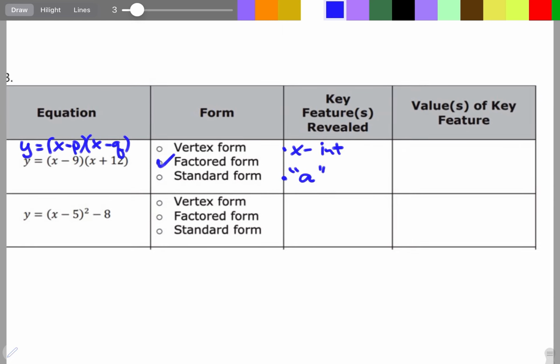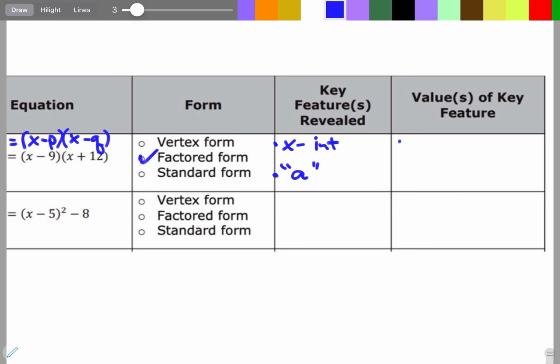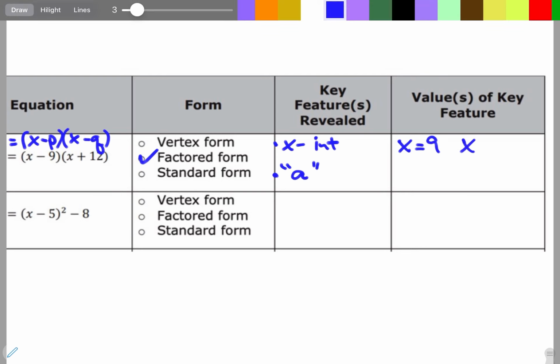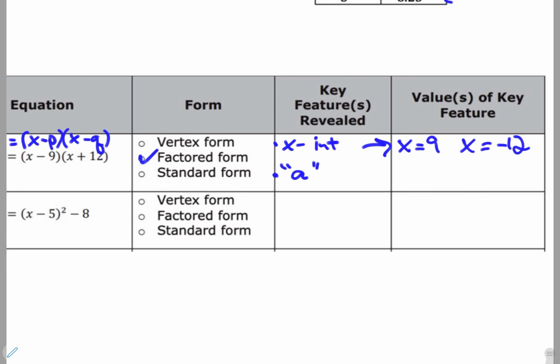One of my x-intercepts is a positive 9. As you can see, negative p, negative 9, that means p is equal to 9. Right here, opposites, your q is going to be a negative 12. So these are called x-intercepts. And just like with vertex form, they're going to be the opposites on the inside.